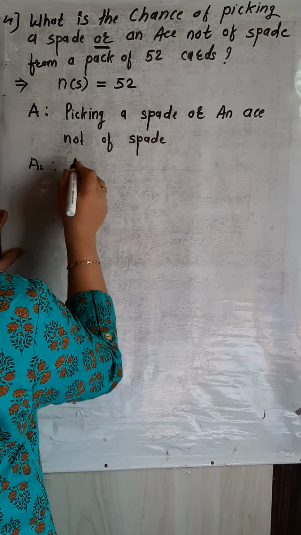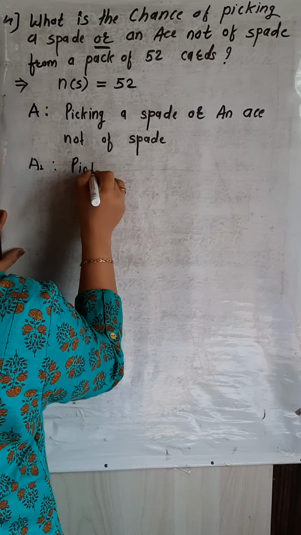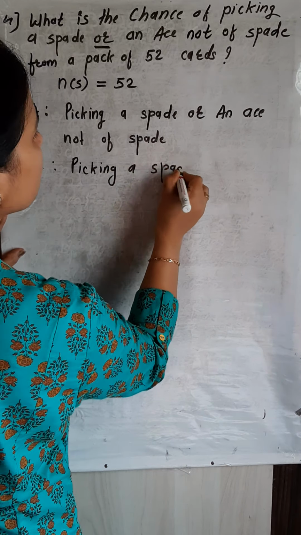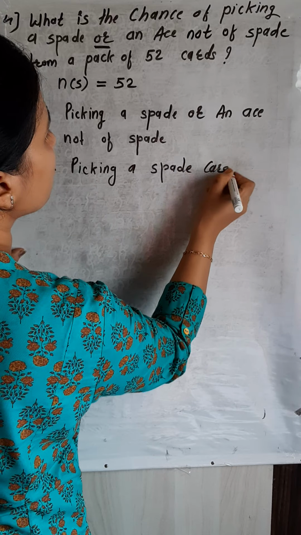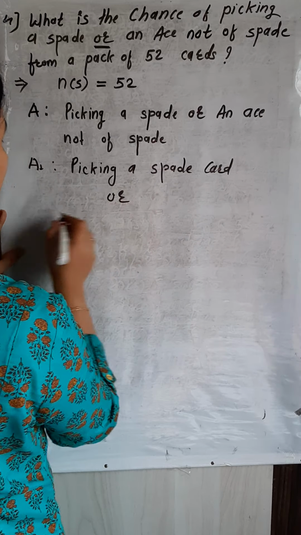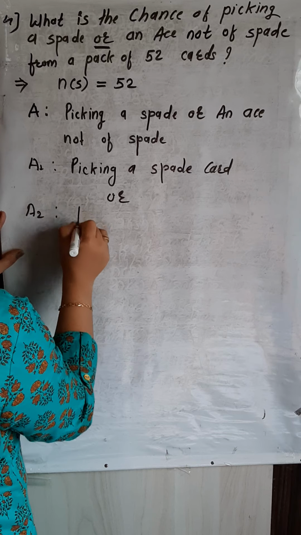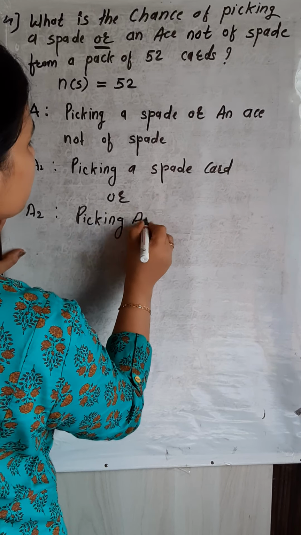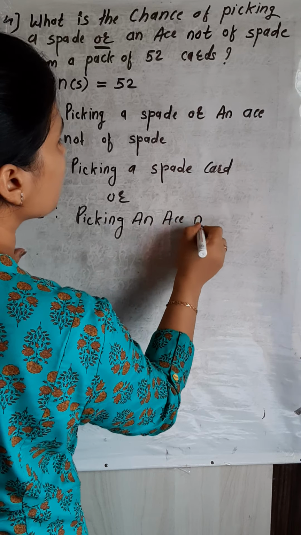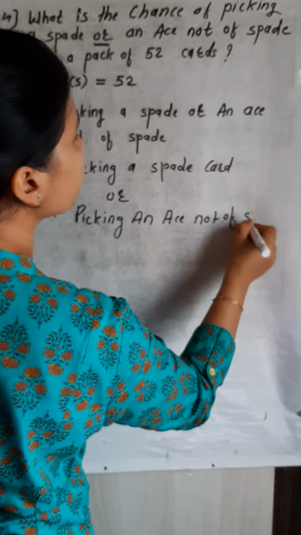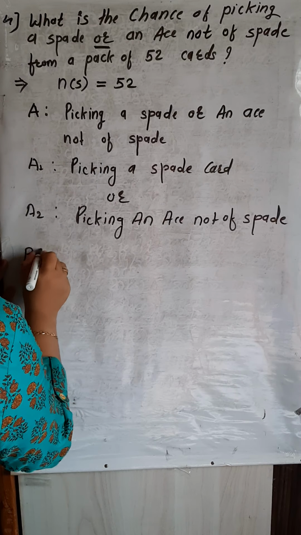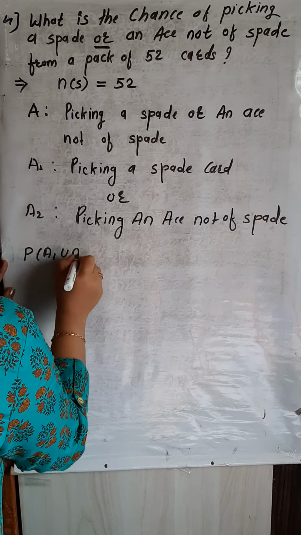So A1 will be picking a spade card, or A2 will be picking an ace not of spade. Means what we want to find is the probability of A1 union A2.